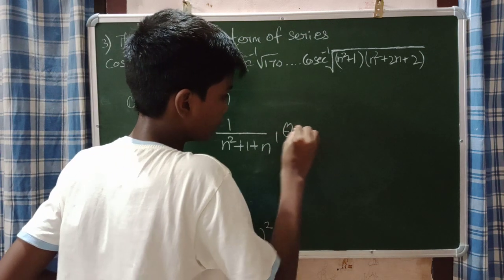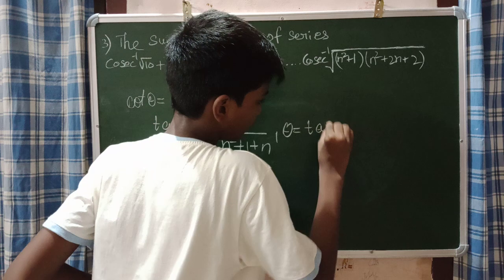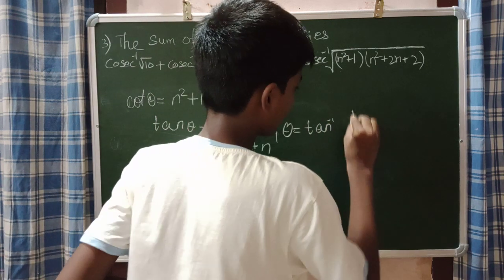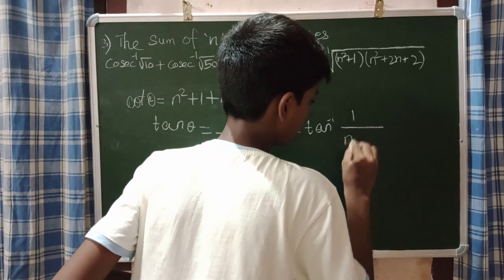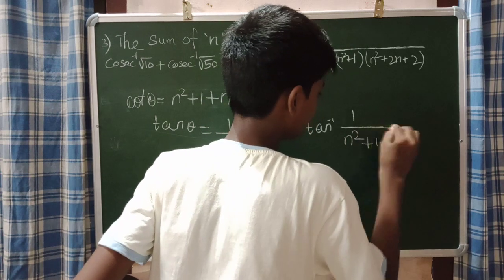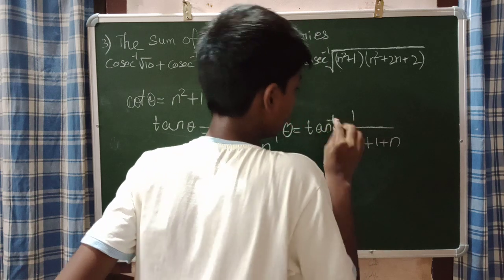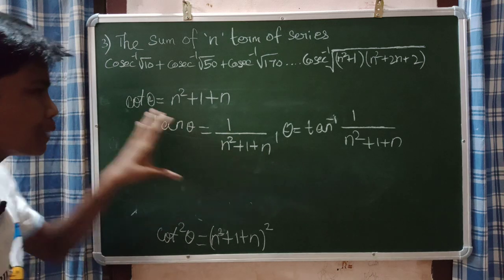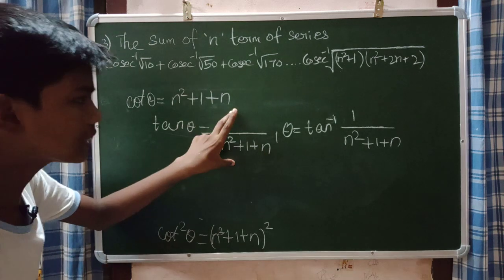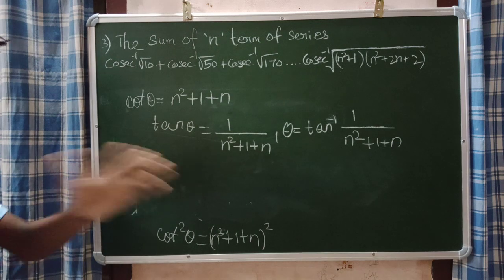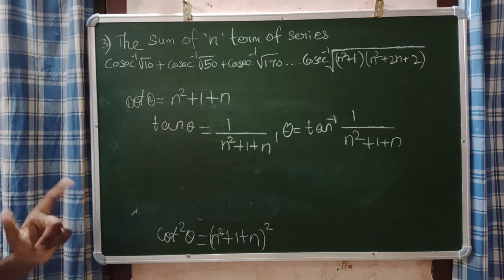Theta will be equal to tan inverse of 1 by n square plus 1 plus n, because if tan theta is equal to this value, then theta will be tan inverse of that value.